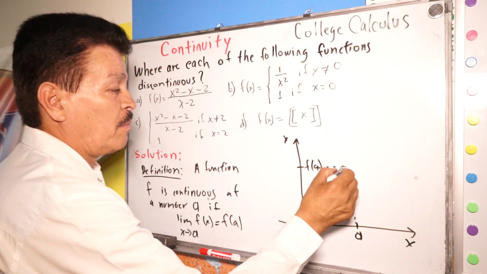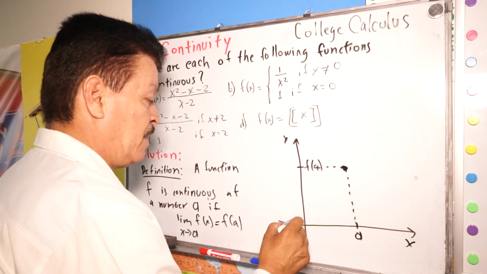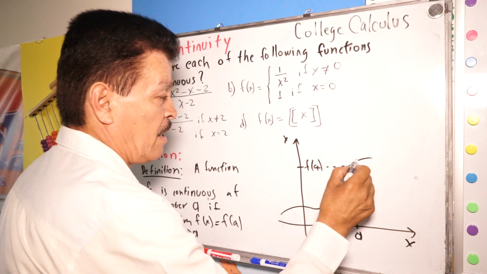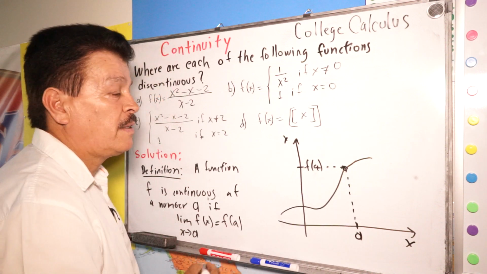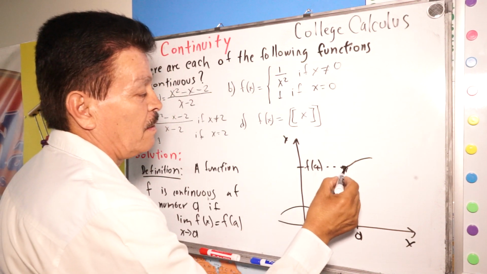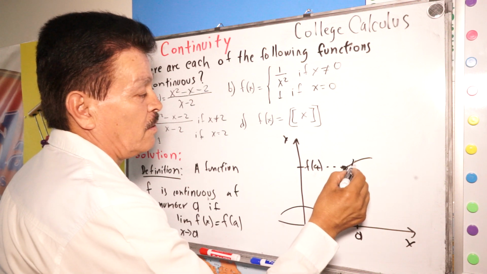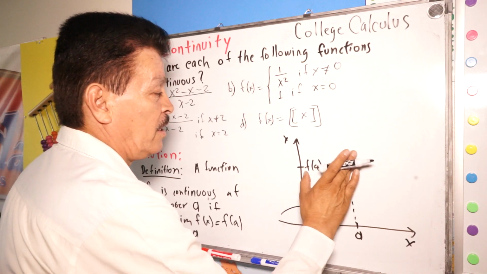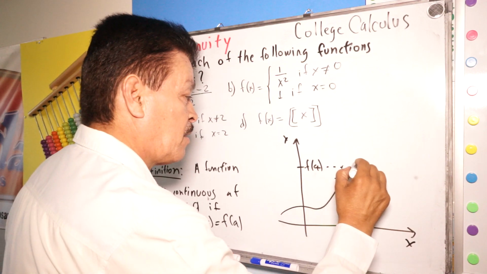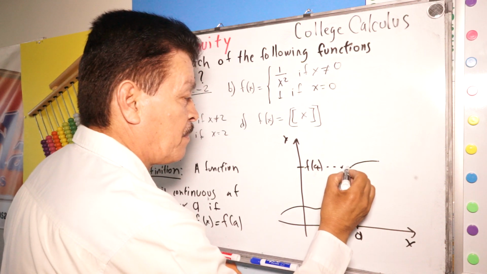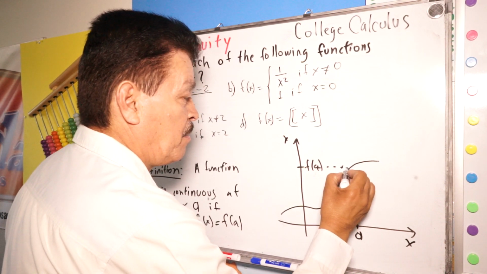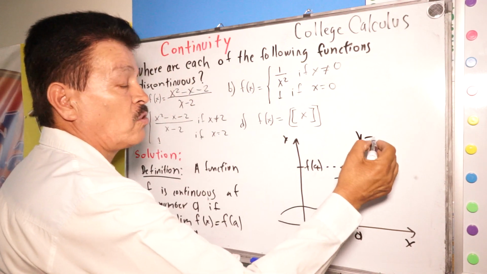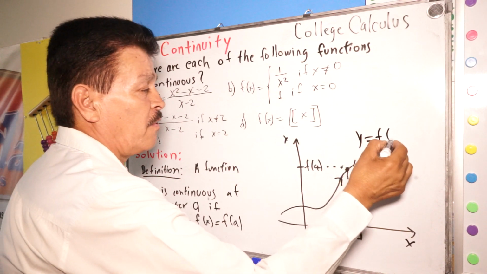We have one point right here, and the graph is running this way. I think it's not clear here. The point is right here, and this is y equals f of x.